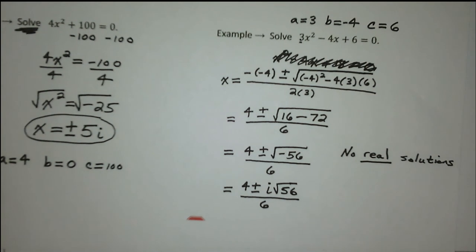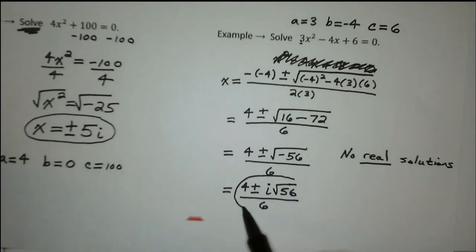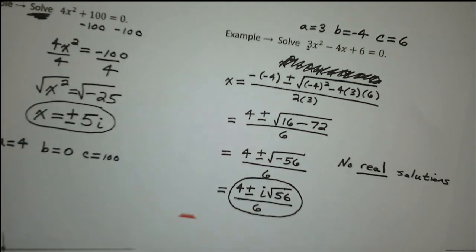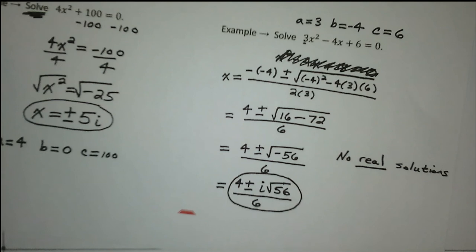Now, I'm going to call it a day, as this is where I would expect you to get to before stopping. But I'm just saying, okay? The square root of 56 actually can simplify some more.